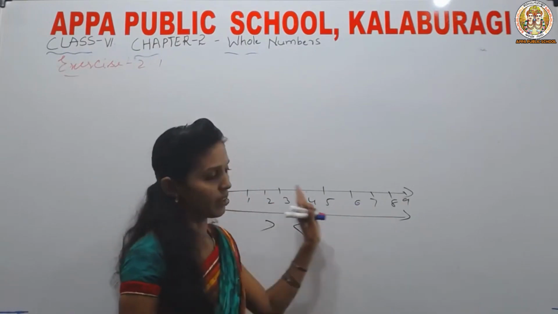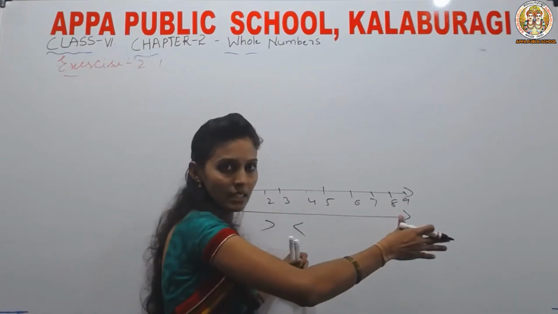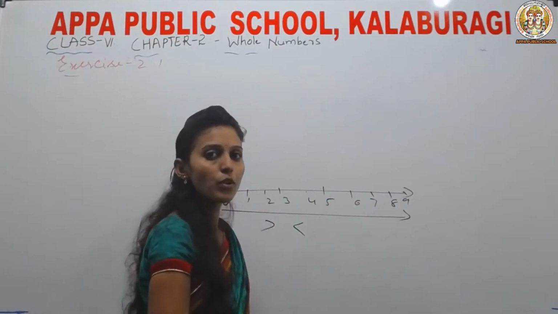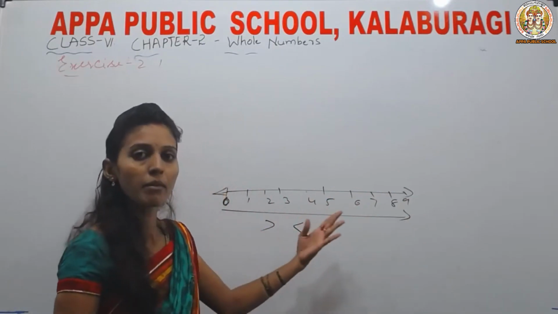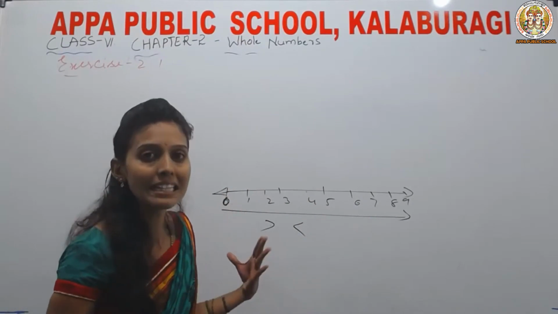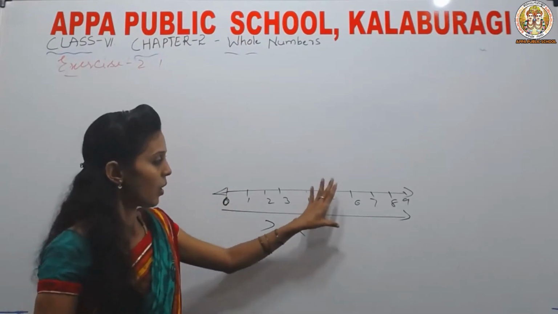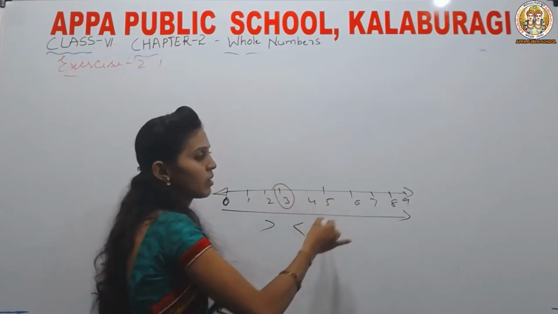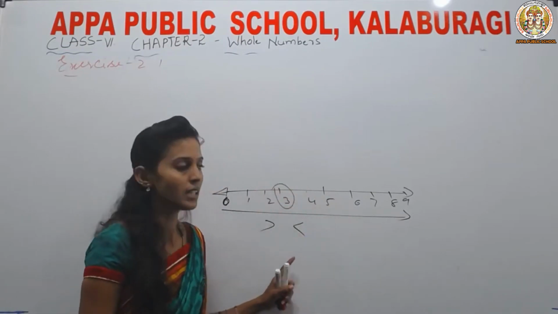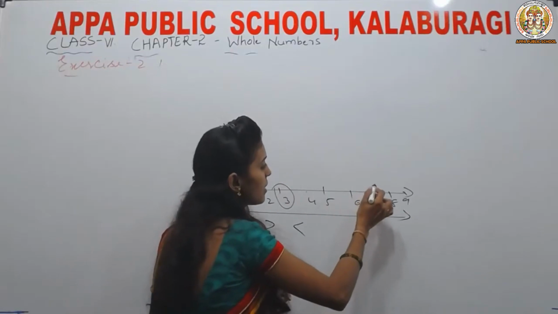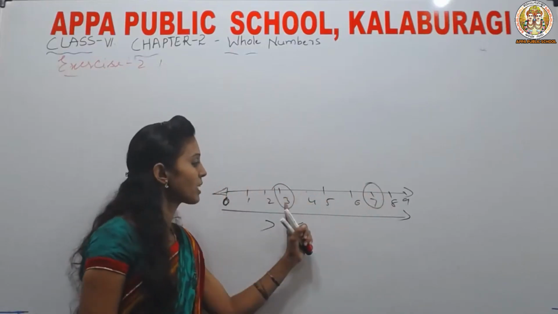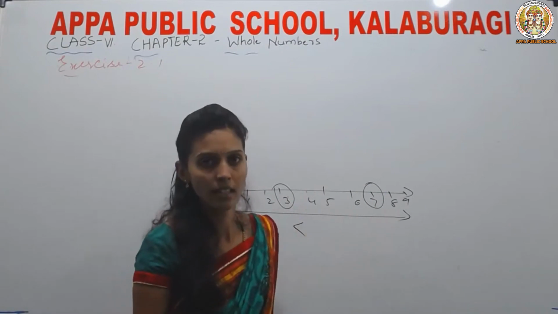When you move towards the right, the number increases. If you move towards the left, the number decreases. On the left side we have numbers with smaller value than the right side. Whatever number you consider, 7 is greater than 3, right? So therefore, 3 is on the left, 7 is on the right.